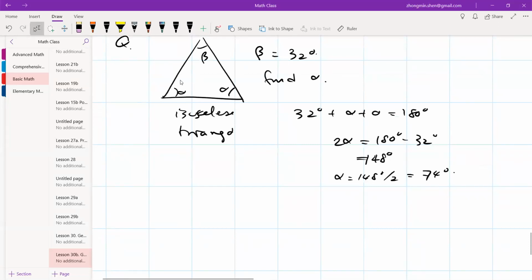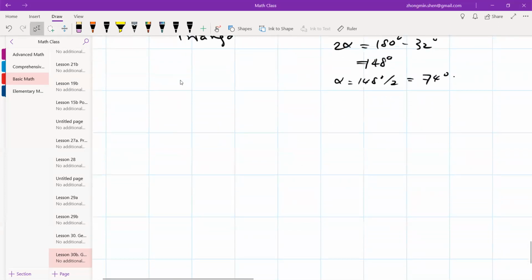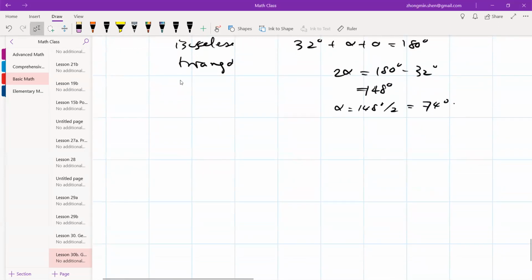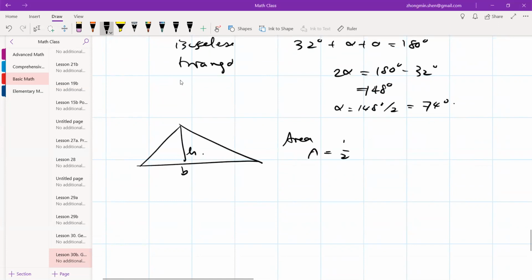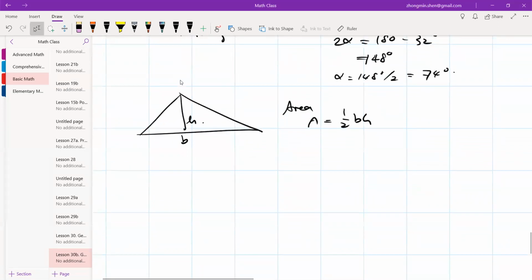Our next topic is the area of the triangle. Everybody knows that. Given a triangle, this is the base, this is the height, so the area is... Okay, that's clear. Now we are in the coordinate system.